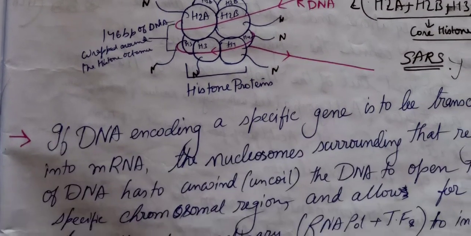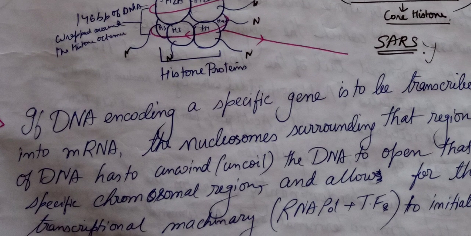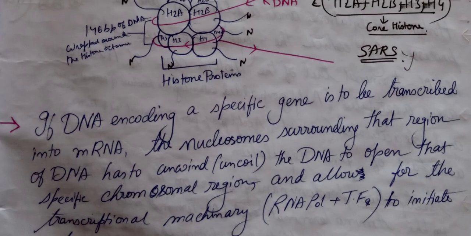So if DNA encoding a specific gene is to be transcribed, suppose the cell wants to transcribe that particular DNA which is wrapped in this nucleosome, right? Then the nucleosome surrounding that region of the DNA has to unwind.